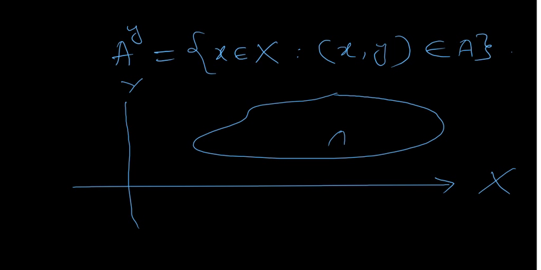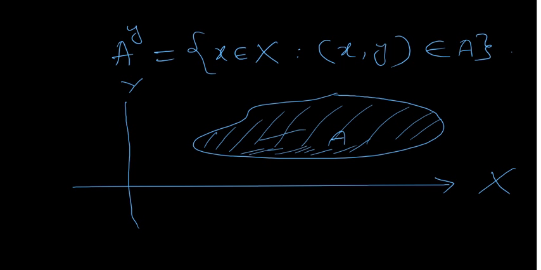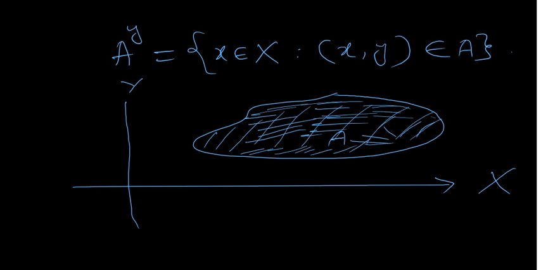If you choose a point x here and want to find the x section, which is a subset of Y, it is those points such that (x, y) belongs to A. So what's this x section? Let's take this line here.